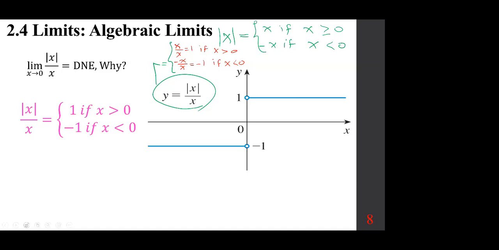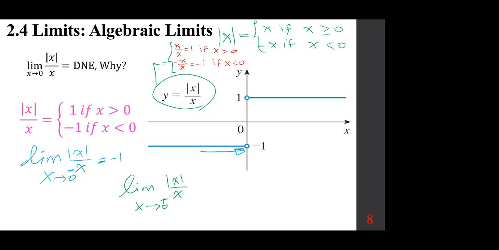So if you were to look at the limit, I hope you realize, therefore, the limit of absolute value of x over x as x approaches 0 from the left is -1. But the limit of absolute value of x over x as x approaches 0 from the right is +1.